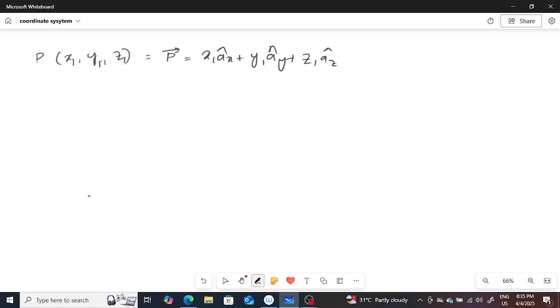Then point Q is defined as x2, y2, z2, and the position vector Q will be written as x2 ax plus y2 ay plus z2 az.